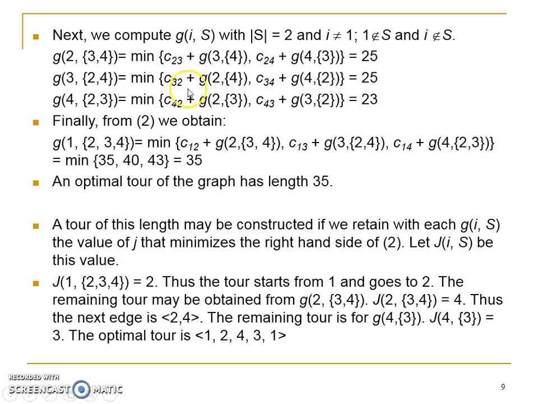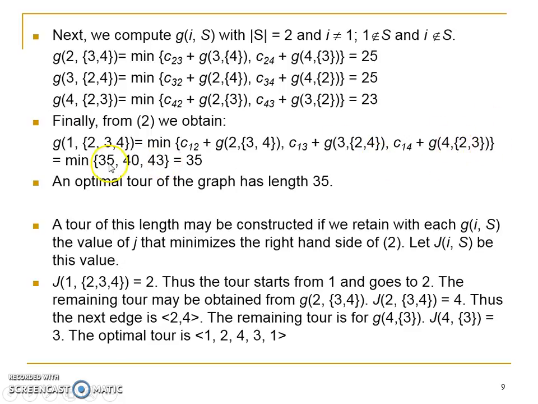Finally, from these, I write the final recurrence relation, which is starting from vertex 1, visiting the vertices 2, 3, 4 and going back to vertex 1. That should be either starting from 1 going to vertex 2 and then visiting 3, 4 and going back to 1, or starting from 1 going to 3, which is C13 plus G of 3 comma 2, 4, or starting from vertex 1 going to 4 and then computing the cost from 4 to 2, 3.